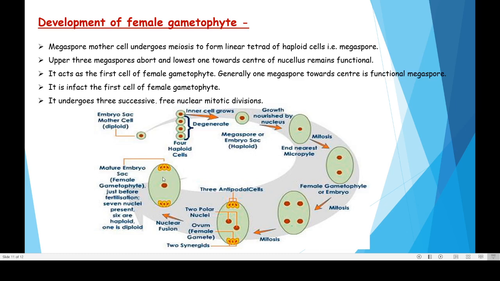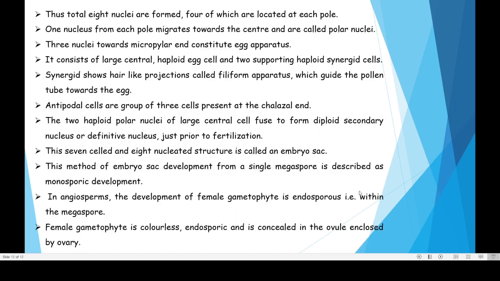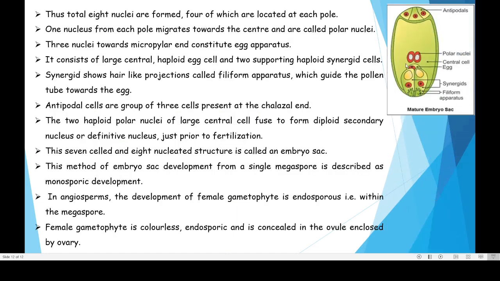Here in this diagram, at initial stages you will find that all the 8 nuclei get arranged at 2 poles, one pole and the other pole, 4 here and 4 here.